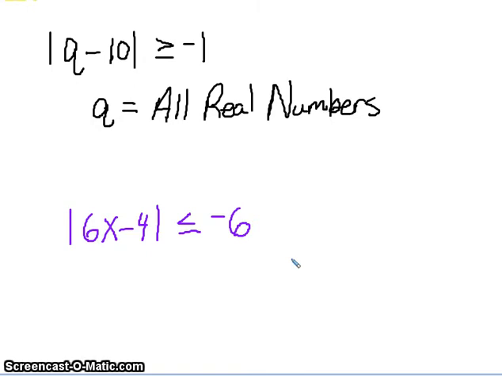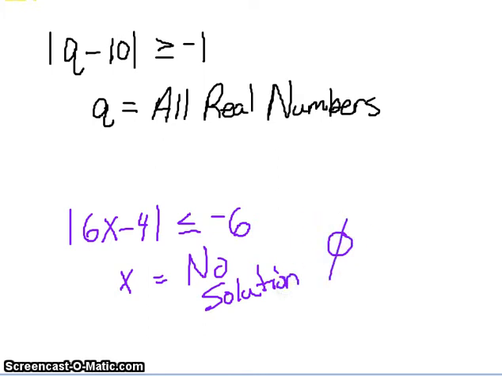It's not going to happen. So in this case, x is going to be equal to no solution. Sometimes we do the empty set. Sometimes we do that, which means nothing's going to work. That simplifies to no solution. So there is nothing that this can be equal to.